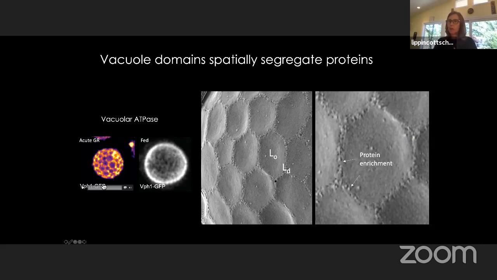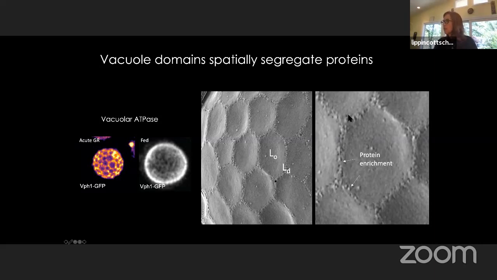So here's the vacuole under starvation, here's in fed. What you're looking at here is the vacuole ATPase, VPH1. And you can see that the vacuole ATPase is actually moving into these liquid disordered domains that are surrounding these relatively smooth area, suggesting protein depletion in this area.